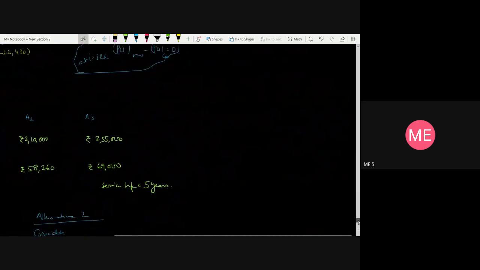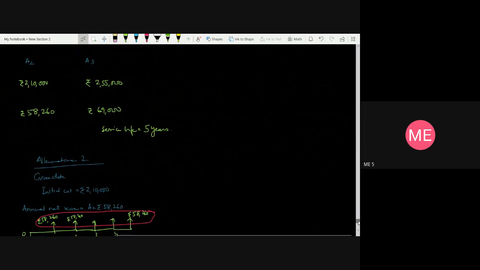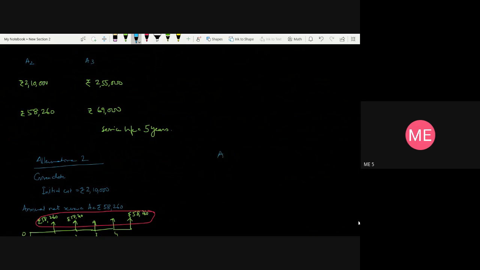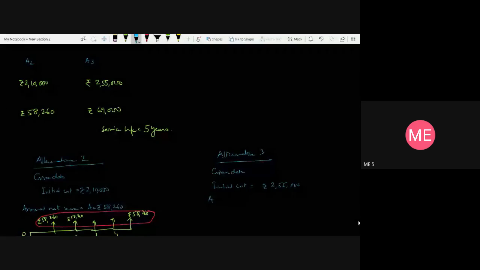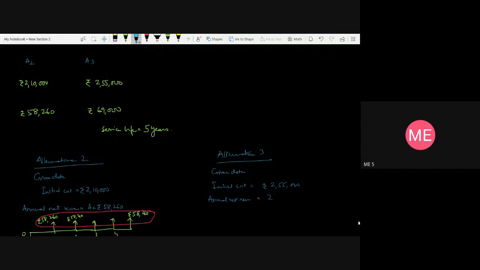The given data for alternative 3 is the initial cost, which is equal to rupees 2,55,000, and the annual net revenue is going to be rupees 69,000.